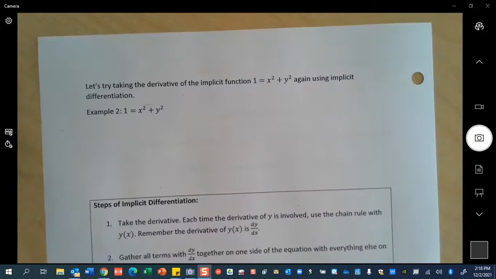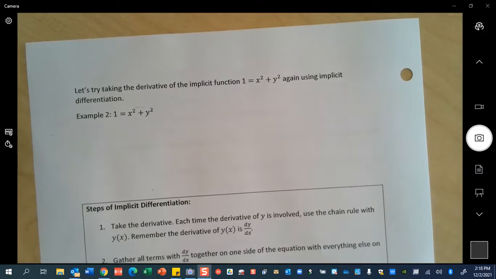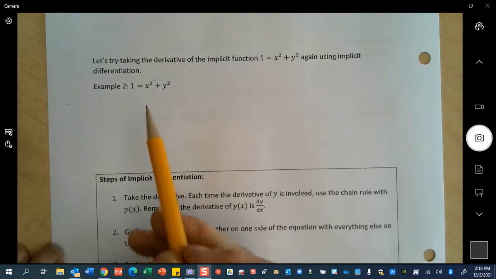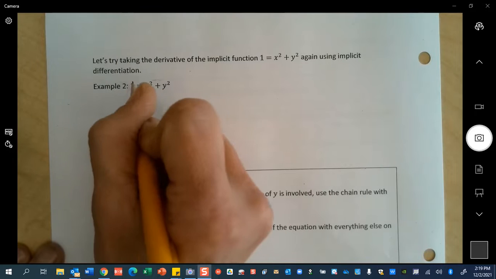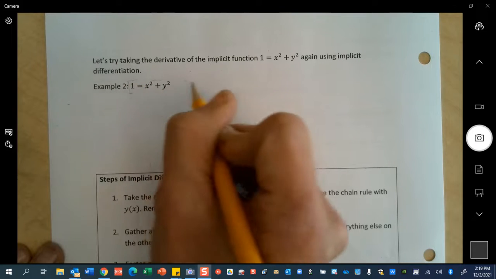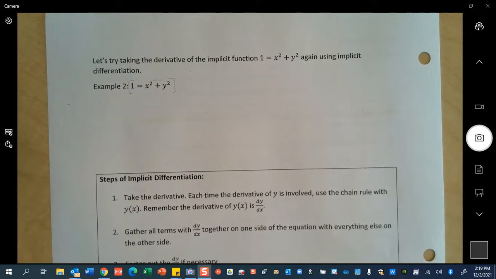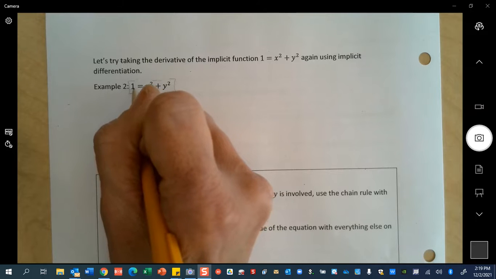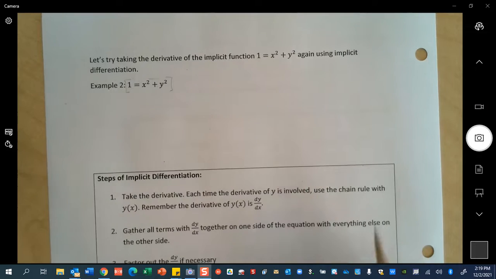All right, this is how it works. Ready? Let's take this again using implicit differentiation. When I go to differentiate this, what I'm going to do is, instead of solving for y, I'm just going to take the derivative of this whole thing. When I take the derivative, I have the derivative of each individual term.